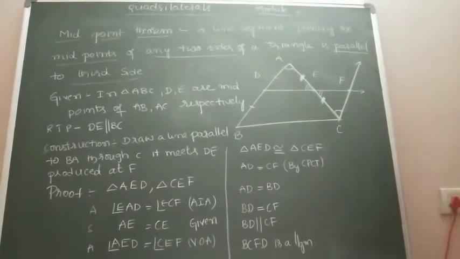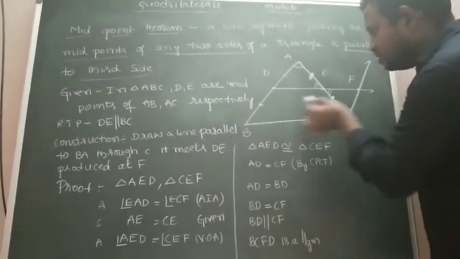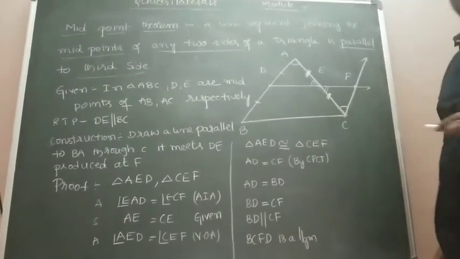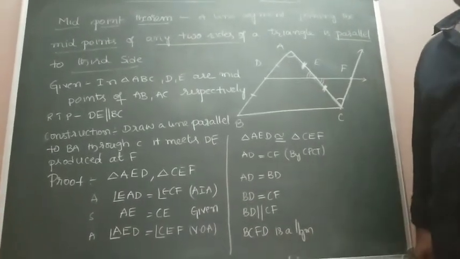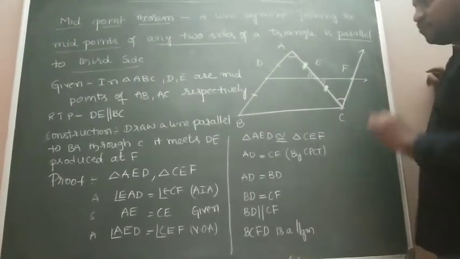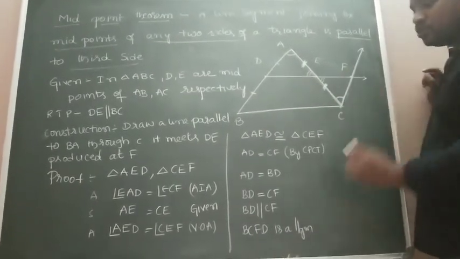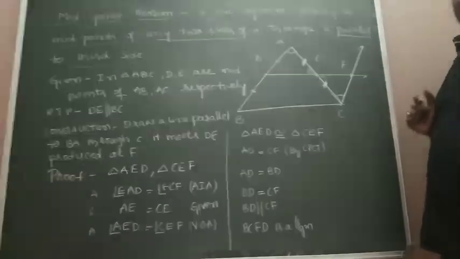Yes, clear, children? Why is it a parallelogram? Now only we said that if one pair of opposite sides are parallel and equal, such a quadrilateral is a parallelogram. Here BD is equal to CF and BD is parallel to CF. That's why BCFD is a parallelogram.